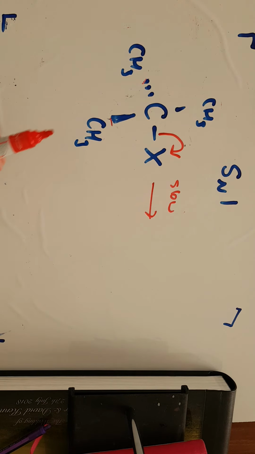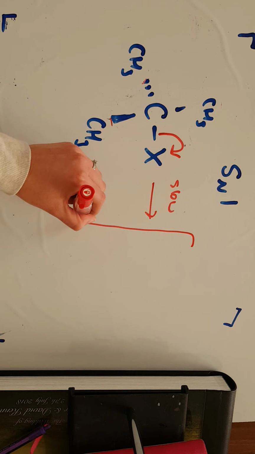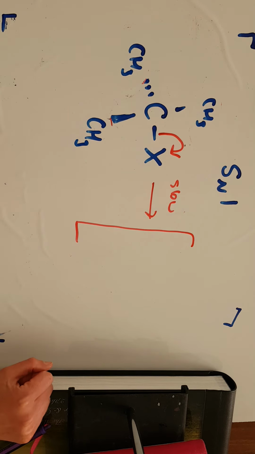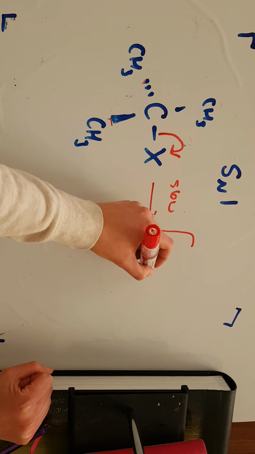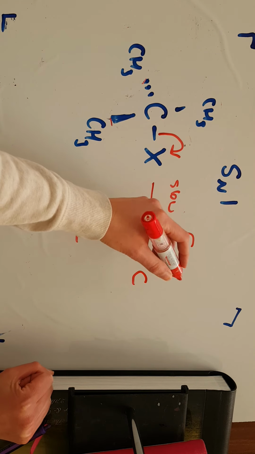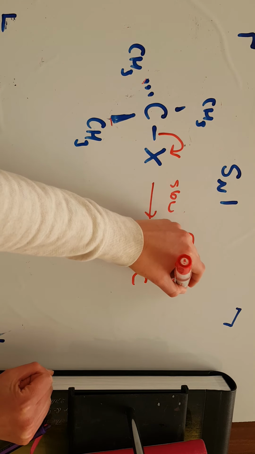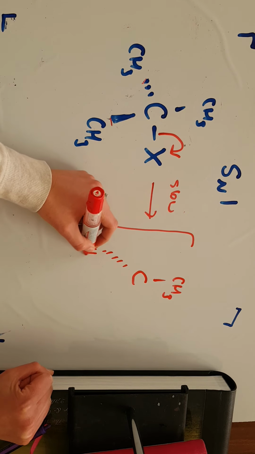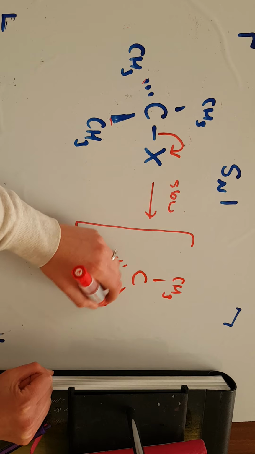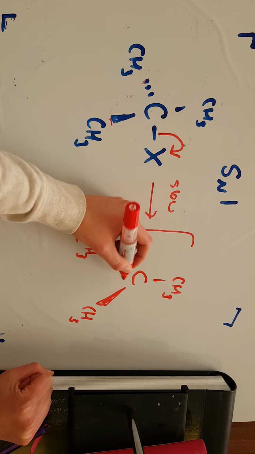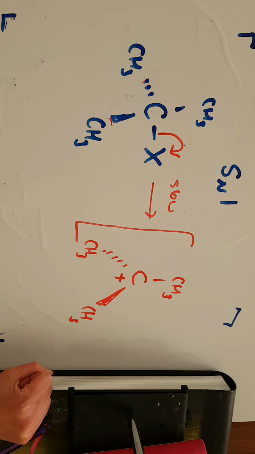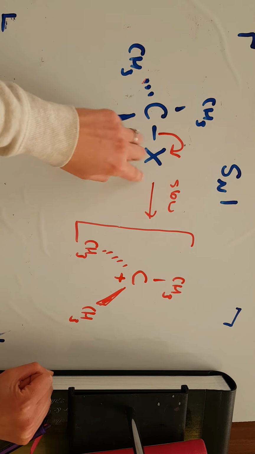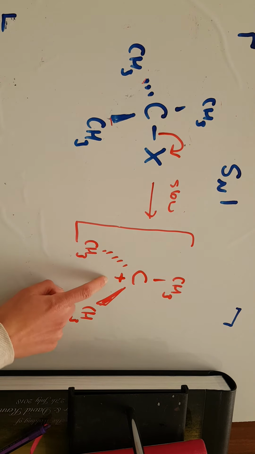Okay, what that then forms is an intermediate. This intermediate this time can be isolated, it can be stopped here, and it is reactive. The reason why this intermediate is reactive is because it has a positive charge. You can see it must have a positive charge because it's lost the electrons from this bond, that's now broken, to leave us with this.